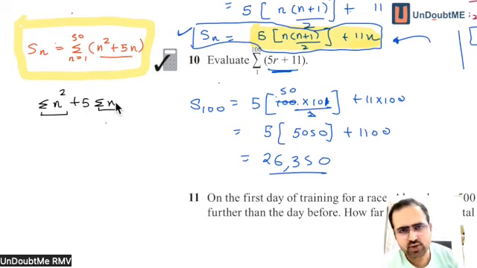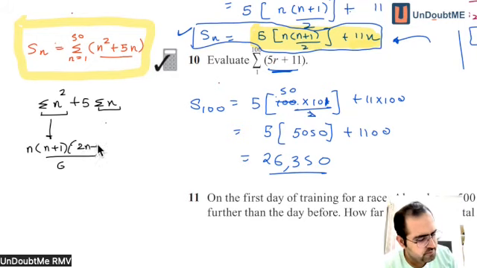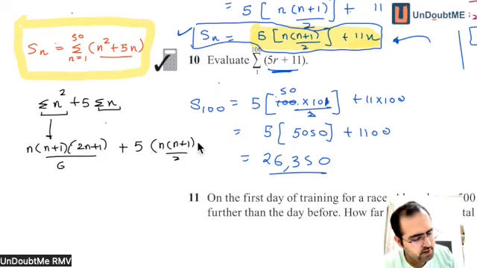Sigma n square is straight away a formula. The formula for sigma n square is n times n plus 1 times 2n plus 1 by 6. And 5 times sigma n is also a formula, so that will be plus 5 times n plus 1 by 2.